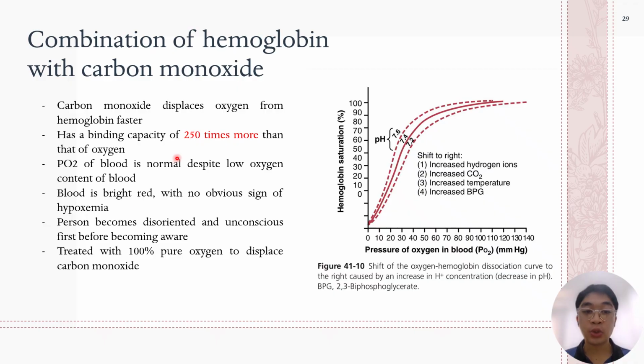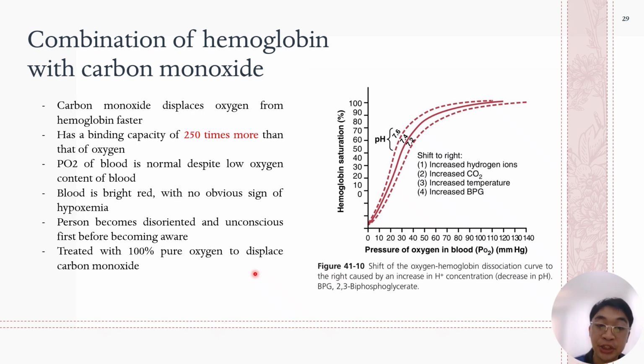Okay, so how about if hemoglobin combines with carbon monoxide, especially in cases of carbon monoxide poisoning? Take note that carbon monoxide displaces the oxygen from hemoglobin faster because it has a binding capacity 250 times more than that of oxygen.